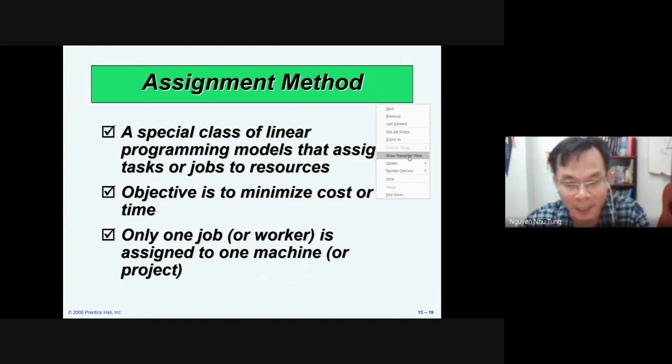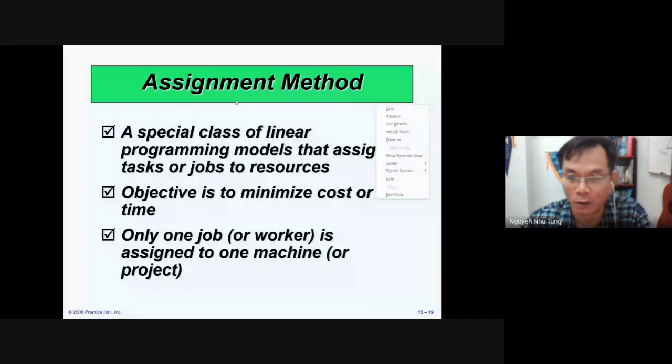But you want to manage the time in an economical way. So it means that you want to minimize the assignment cost.